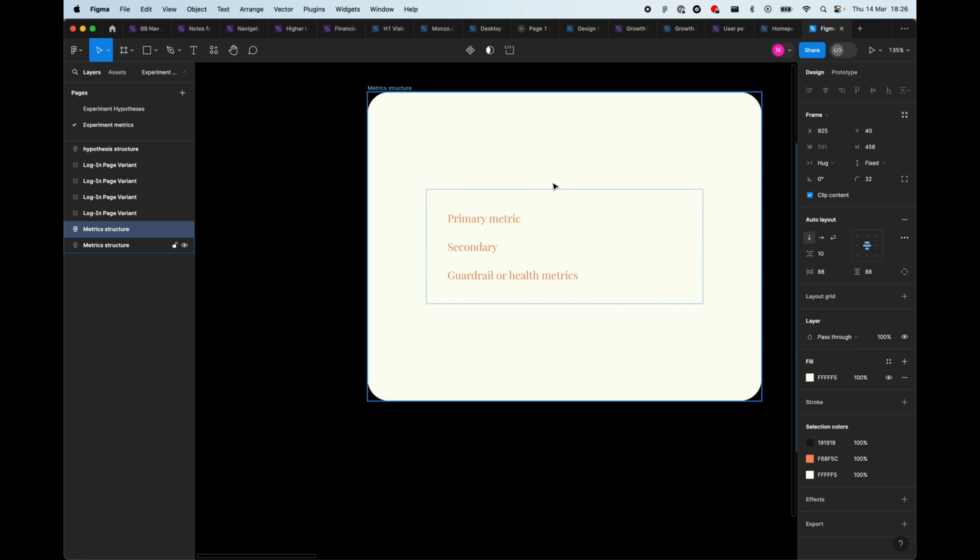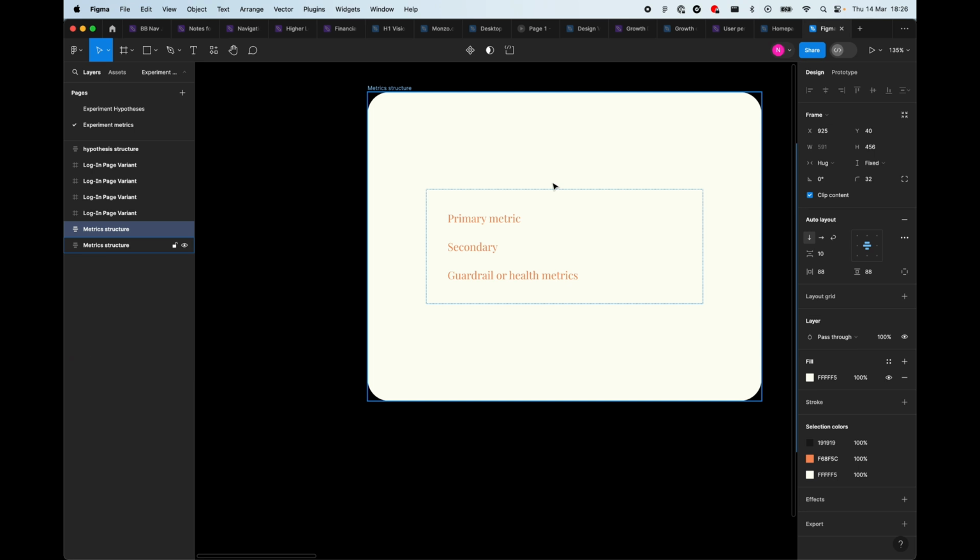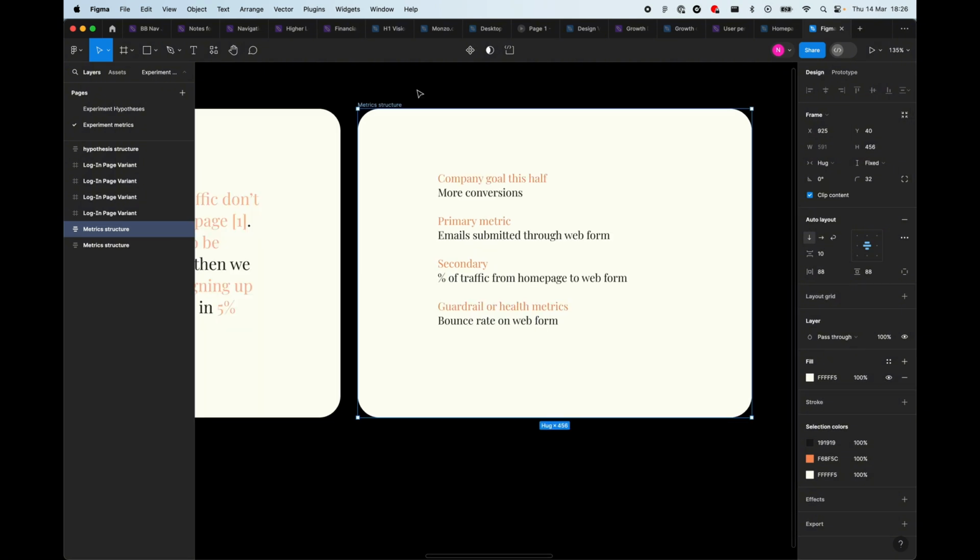And then we've got guardrail or health metrics. These are the things that might risk some kind of reputational damage or something that might change the course of the experiment.